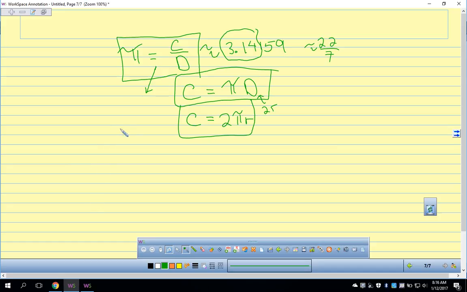So if they say, given the circumference of a circle is 10 pi, find the diameter and radius. I'm not very good at spelling.